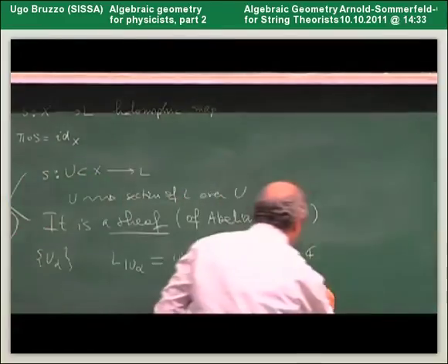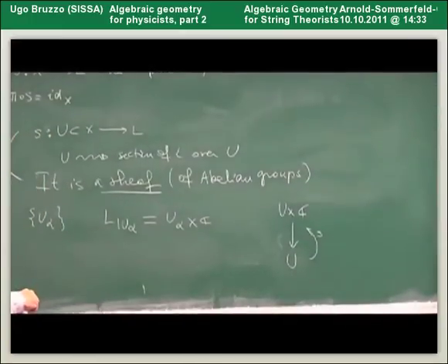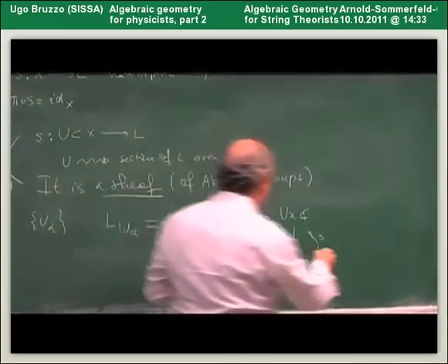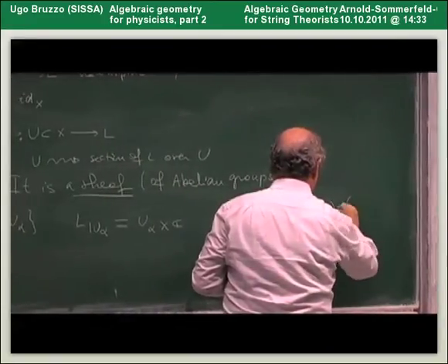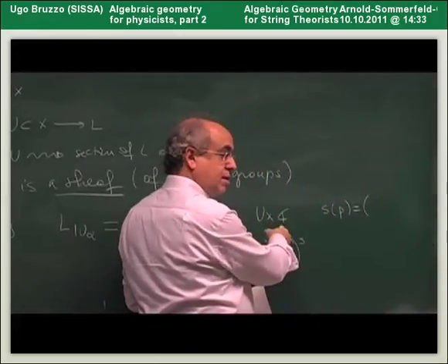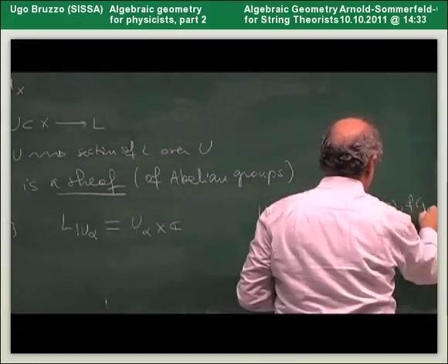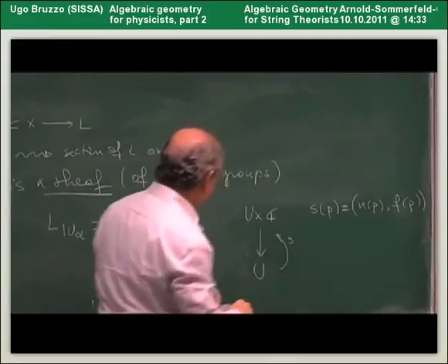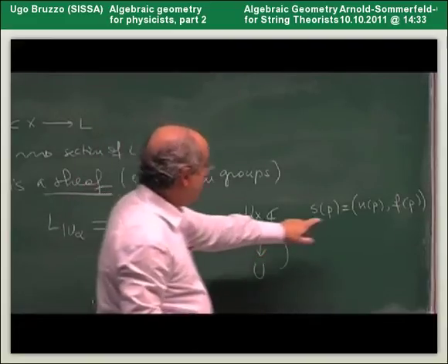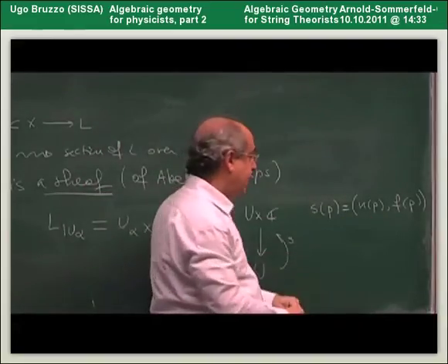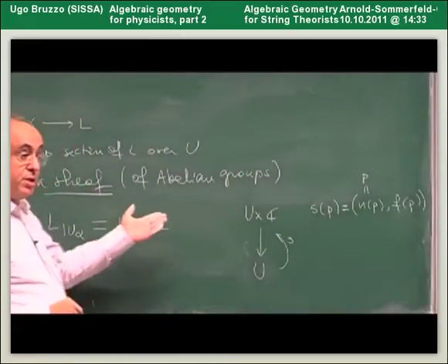and I consider a section S. This, in principle, is a pair of objects. One goes to U, and one goes to C. So I will have something here, say U of P, F of P. But since I want the composition with the projection to be the identity, this U of P is actually P. There is no way out, because the composition must give the identity.